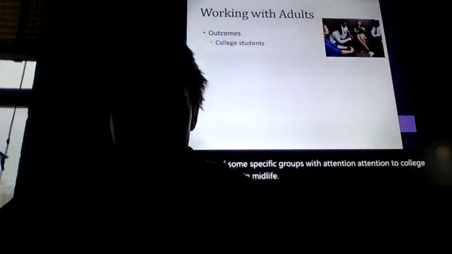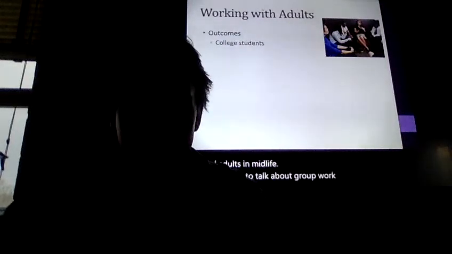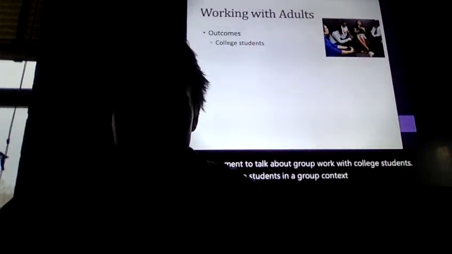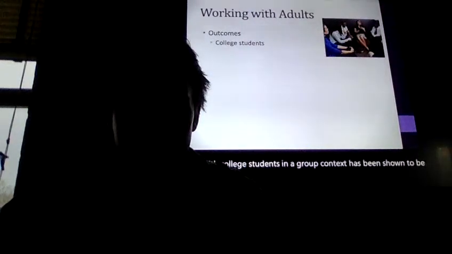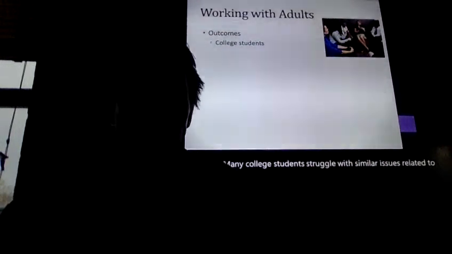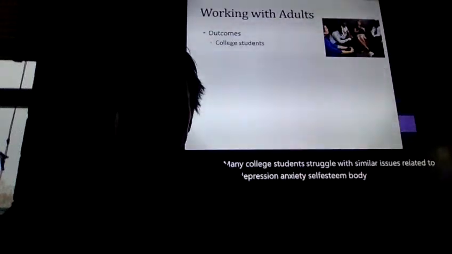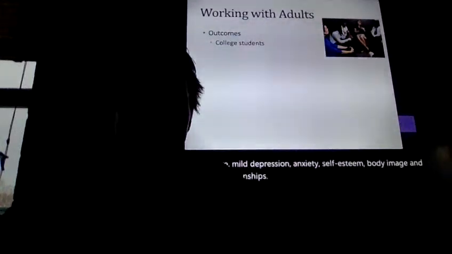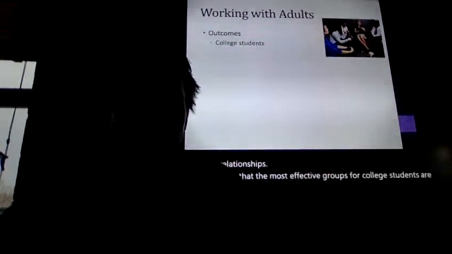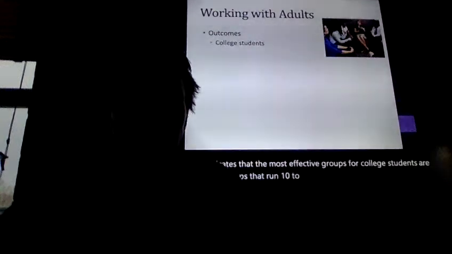Let's take a moment to talk about group work with college students. Working with college students in a group context has been shown to be quite effective. Many college students struggle with similar issues related to fear of failure, mild depression, anxiety, self-esteem, body image, and interpersonal relationships. Research indicates that the most effective groups for college students are closed format groups that run 10 to 12 sessions.